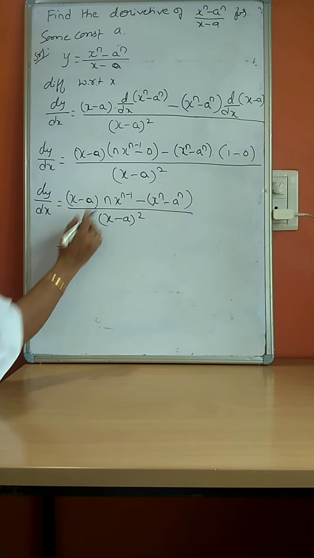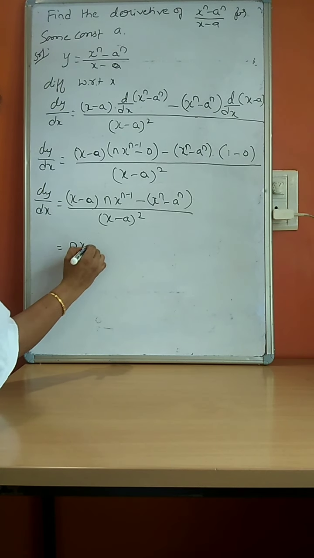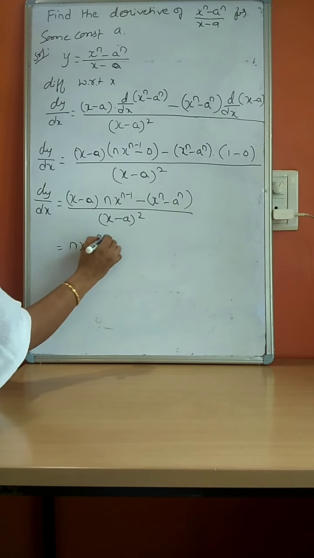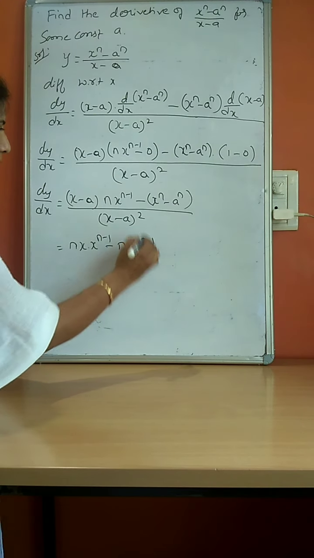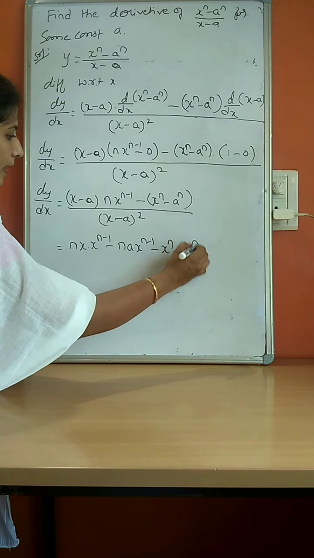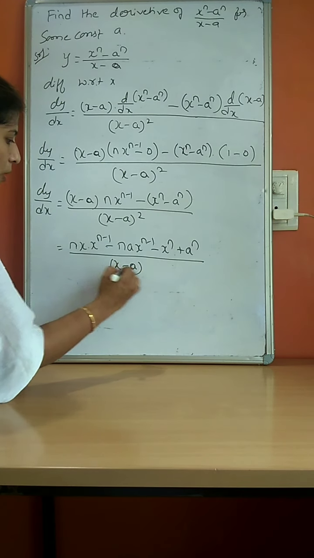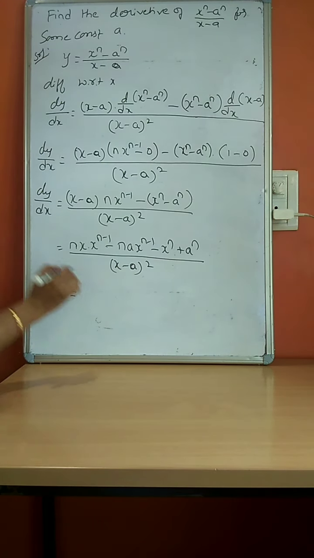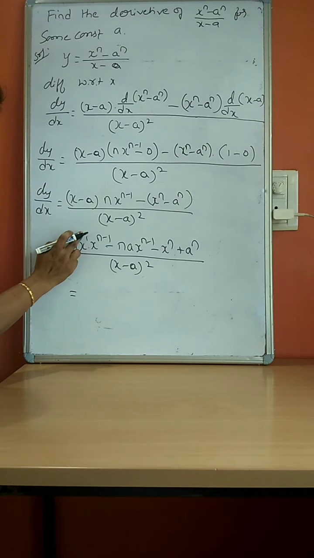Simplify this one. See, n into x into x to the power of n minus 1, minus n a x to the power of n minus 1, minus x to the power of n plus a power of n, whole thing divided by x minus a whole square. This is equal to, see, what is its power? Power is 1. See, x to the power of 1 is there. Here x to the power of n minus 1.